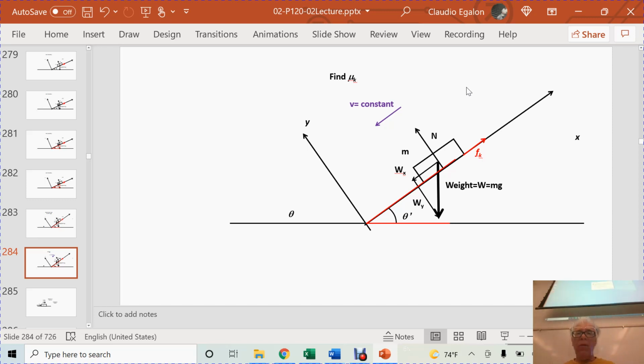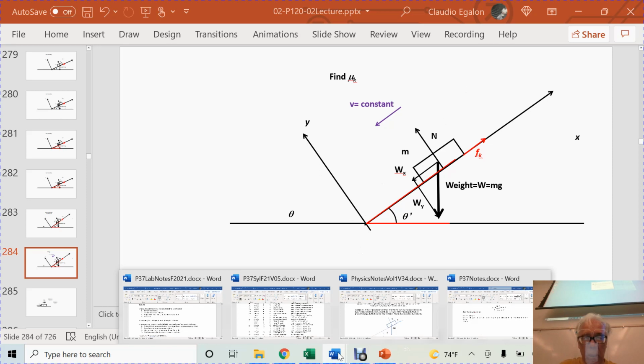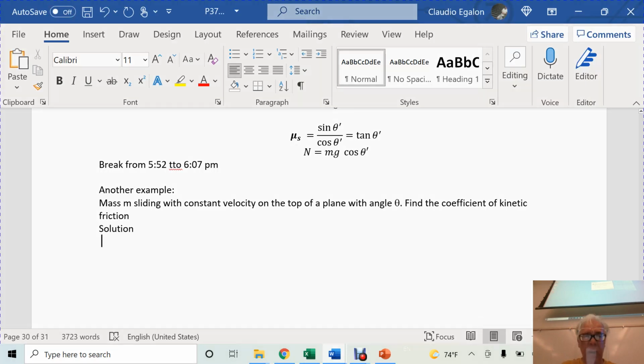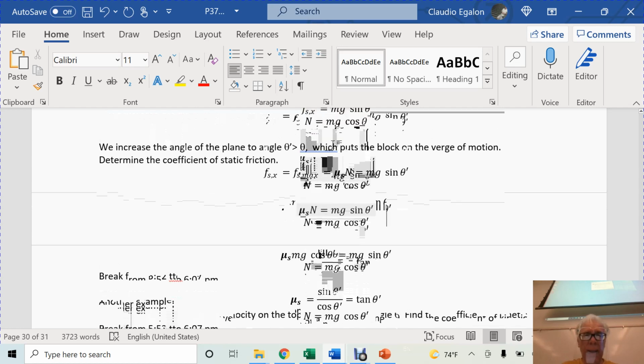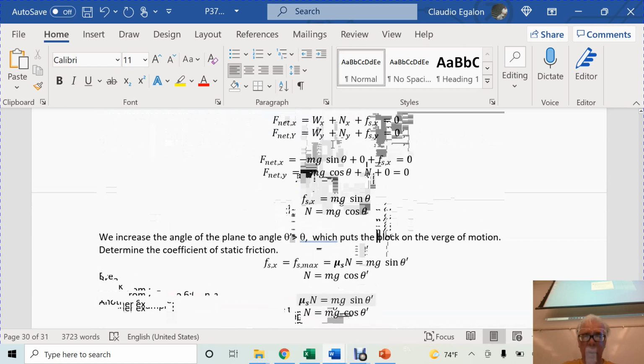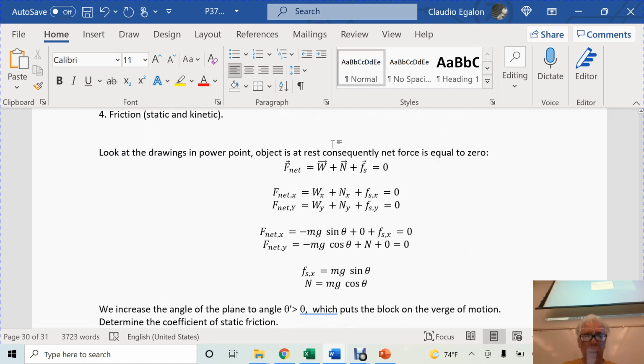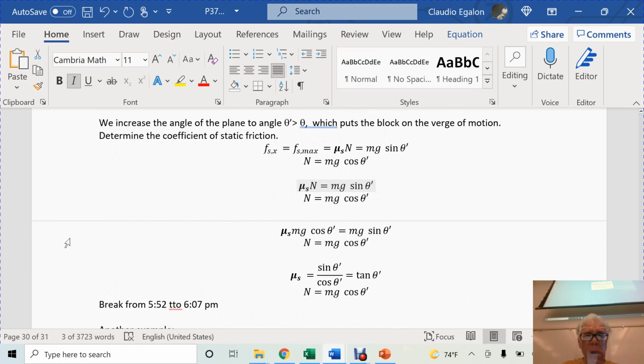There's no other force involved here, so the equations are going to be similar as well. Any question? No? Okay. Because it's constant velocity, the net force is going to be what? I'm going to copy all of that.